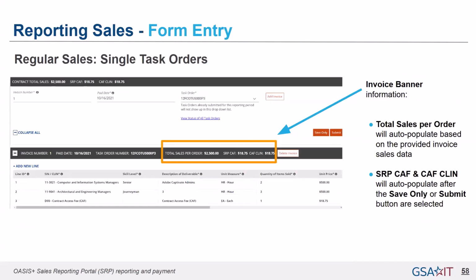You'll notice that there is this kind of double check here, right? So the SRP CAF and the CAF CLIN. The SRP CAF is the estimated CAF, right? Those of you with maybe legacy OASIS or HCAS contracts will understand what that means. Estimated CAF is basically a system calculated number.